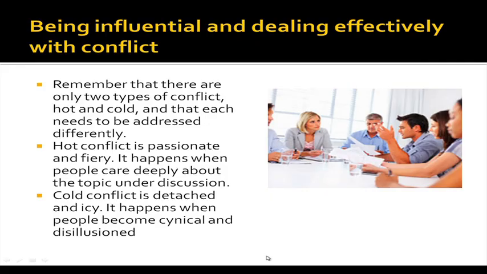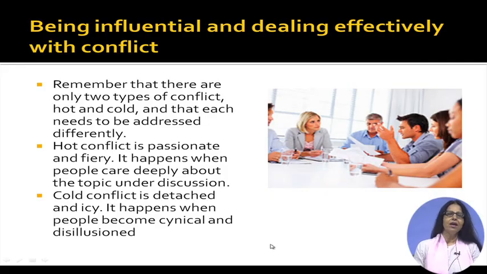So there are two kinds of conflicts. One kind of conflict is a hot conflict. Hot conflict is a passionate and fiery conflict. It happens when people care deeply about the topic under discussion, and often you will find people screaming at one another.